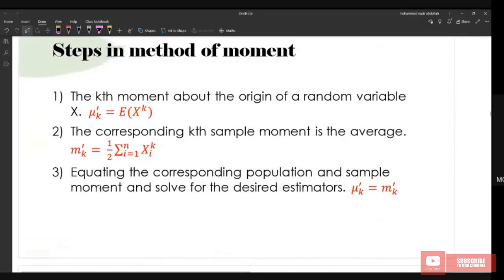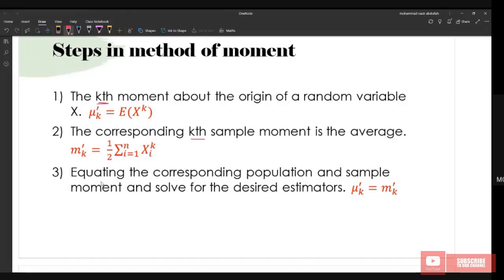Right. So there are three steps in the method of moments that we need to know. The first step is we need to find the k-th moment about the origin of the random variable x. So we need to find the first moment about the origin, or the second moment about the origin. Then we find the k-th sample moment, which is the average.